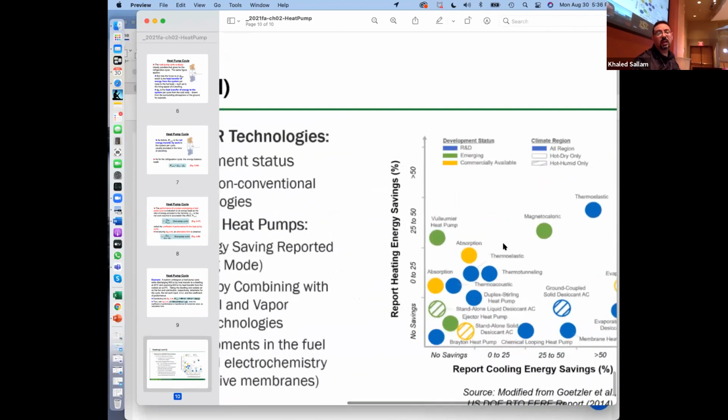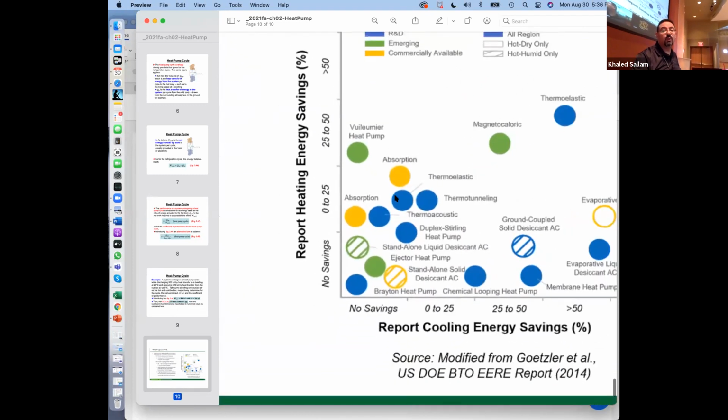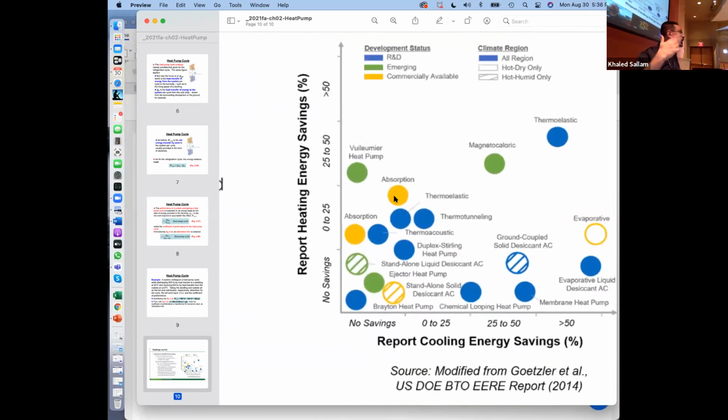So last week, actually, I was attending the Department of Energy peer review. Those are all the people who got funded from the Department of Energy, and they were reviewing what they are working on in research. Every one of those projects is funded by something like $1 million or $750,000.